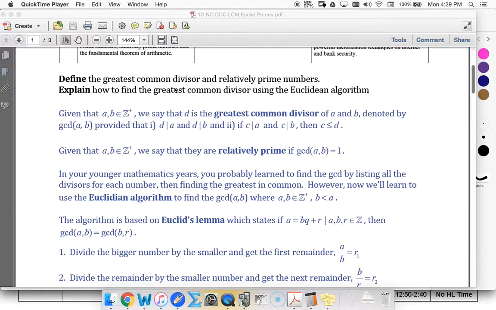So greatest common divisor, well, hopefully you know this from your younger math days, but we're going to formally define it using our division notation.